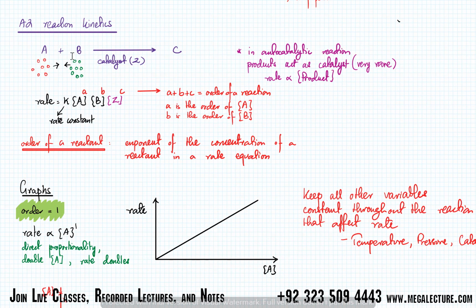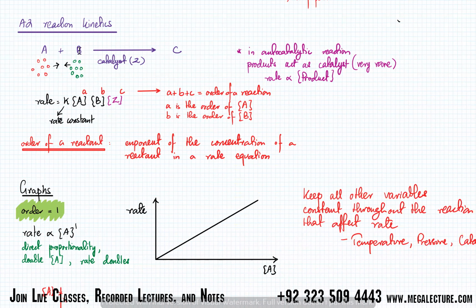But remember, the rule is for a fair comparison, if you're trying to investigate rate and you're varying A's concentration, you have to keep the other variables constant. So the idea is, how do you keep B, the other reactant, constant throughout the experiment? Because it is also getting used up. Okay?